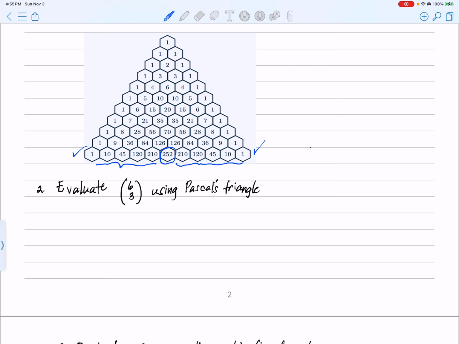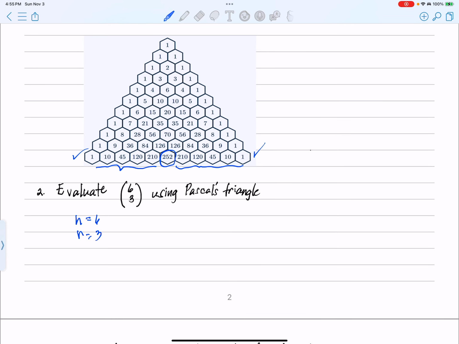Okay, let's do the next question. Evaluate 6 choose 3 using Pascal's triangle. So our n here is 6. Our r is 3. r is the term, 6 is the row. So if I look at here, I have 1, 6, 15, 20, 15, 6, 1 as the terms of row 6.